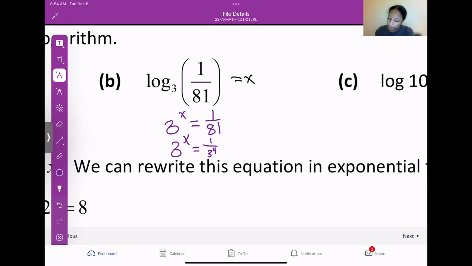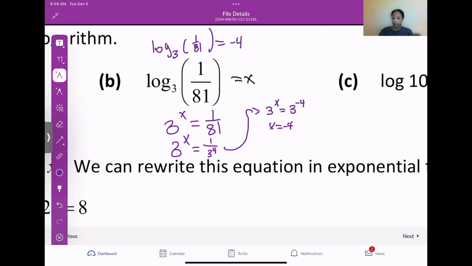And then using properties of exponents, we can write this as 3 to the x power equals 3 to the negative 4th power. 1 over 3 to the 4th power is the same as 3 to the negative 4th power. And then here, this is very important. If the bases are equal, then the exponents have to be equal as well. So x equals -4. Or we can say this logarithm, log base 3 of 1 over 81 equals -4.